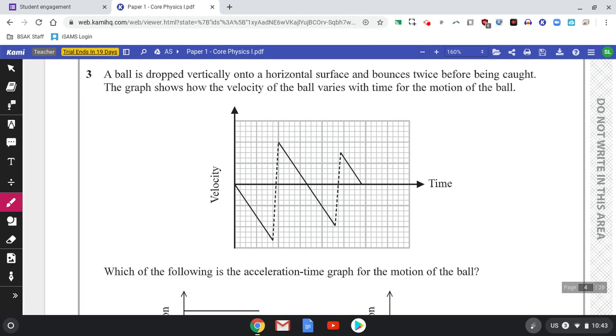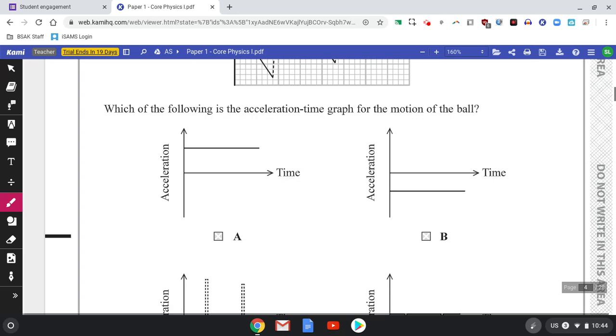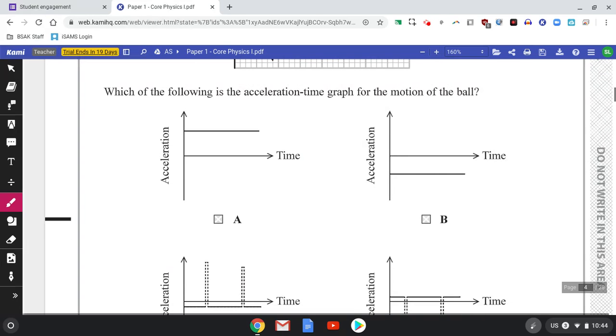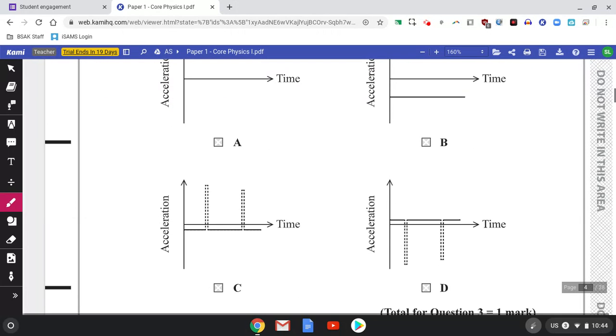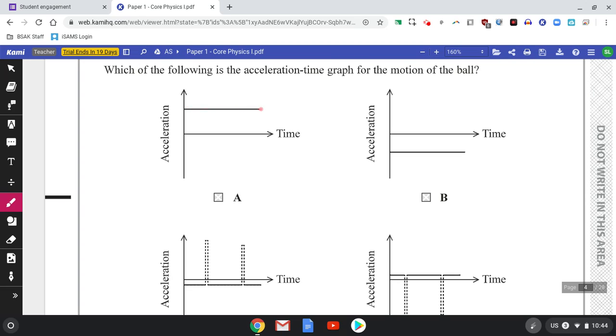The acceleration when the ball's in free fall must be minus 9.81 meters per second squared. So that eliminates this graph and eliminates this graph, doesn't it? Because in these graphs, we can see the acceleration is positive. So in all three graphs, the acceleration is positive.